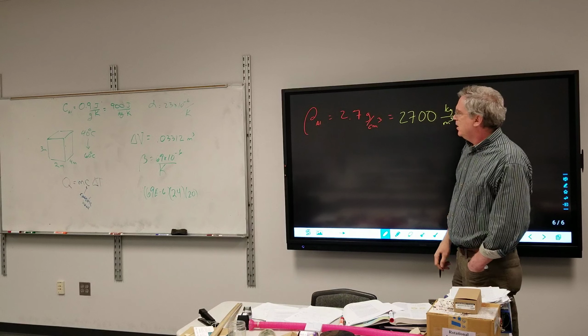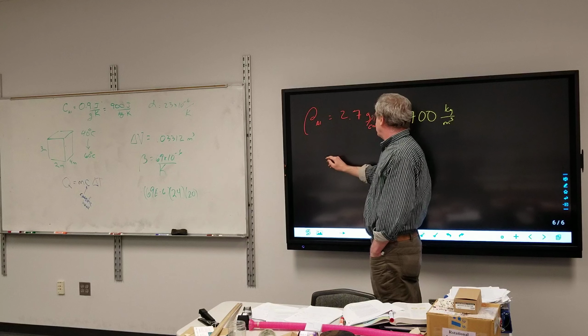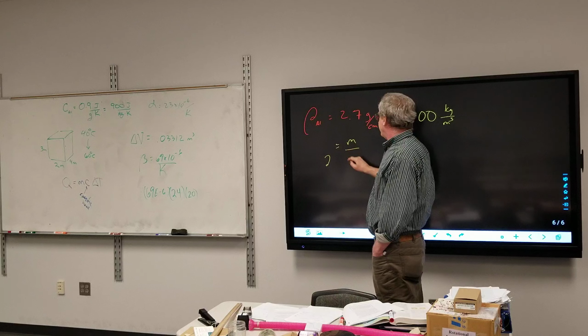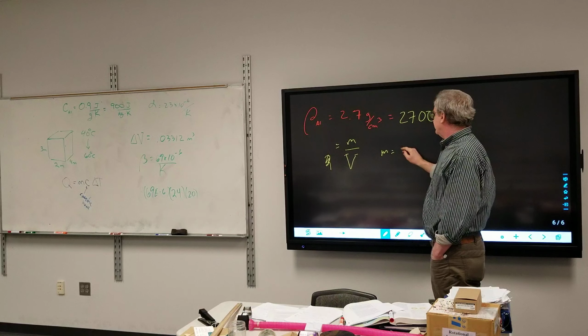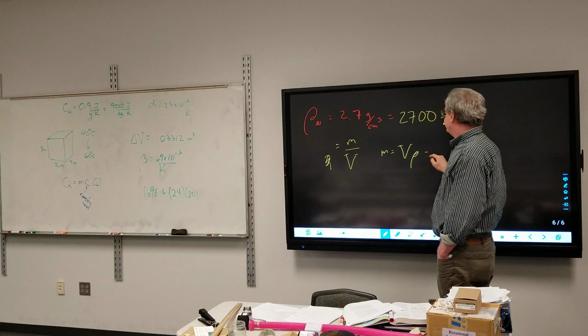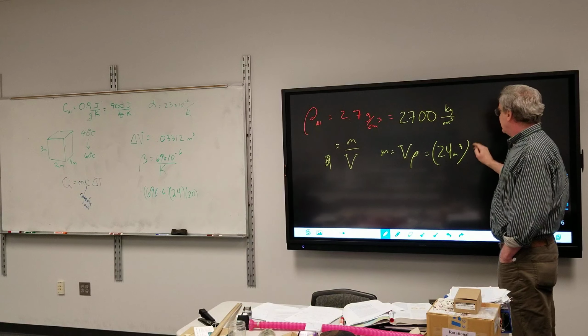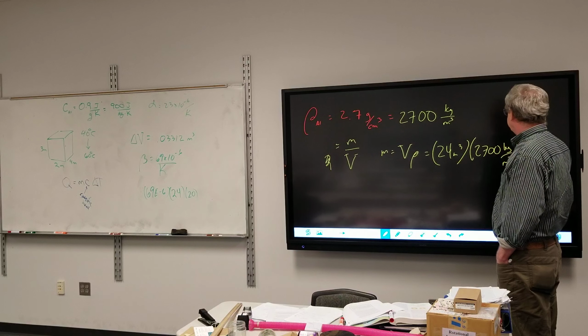All right, so I know the density, so let's figure out what the mass is. I know density is mass divided by volume. So the mass is volume times the density, which is 24 cubic meters times 2,700 kilograms per cubic meter.